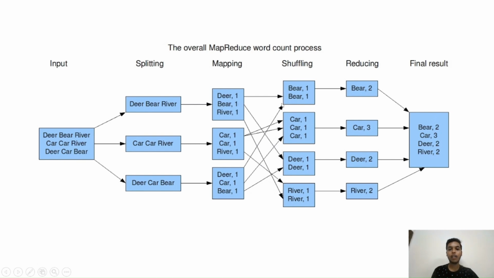And next we will separate all the elements. This is called filtering. Now let us see here, beer 1 and beer 1 are there two times, so these can be written as beer 2. This is called reducing. And the collection of these reduced sets will be the final result.